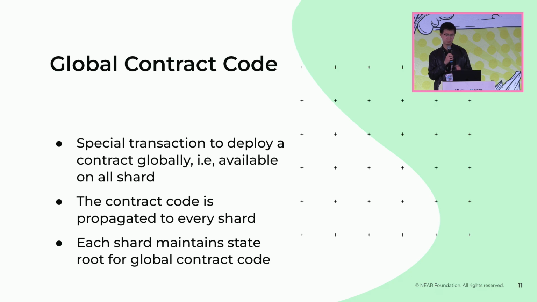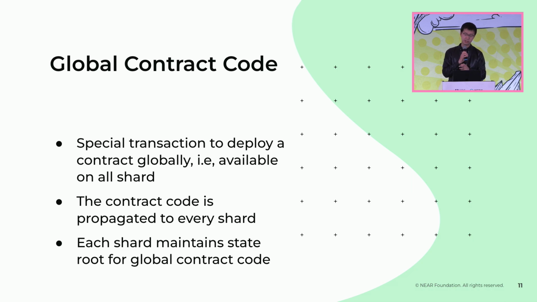On every single shard, the validators maintain this state for the global contract code, and the state root is updated when it sees new contract code being propagated to the shard. So every single shard validates the state transition of the global contract state and updates the state root there.